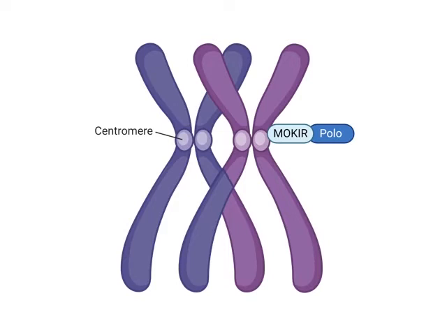Research from many labs has shown that MOKIRs help the co-segregation of sister chromatids by regulating a kinase called polo. In budding yeast, fission yeast, and mice, the critical function of MOKIRs appears to be to recruit polo kinase to a specific region of the chromosome called the centromere.